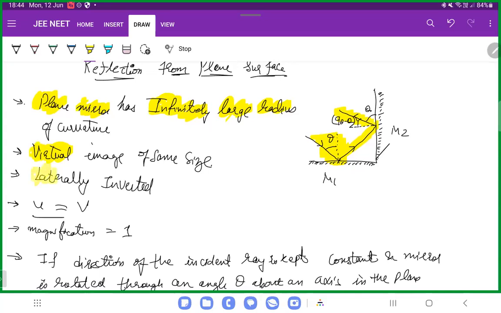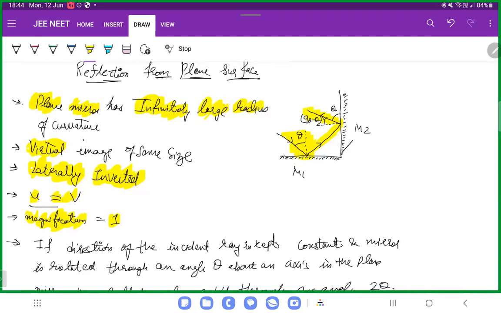It is laterally inverted. Obviously, the distance is the same, so magnification is one. This is common for plane surfaces.